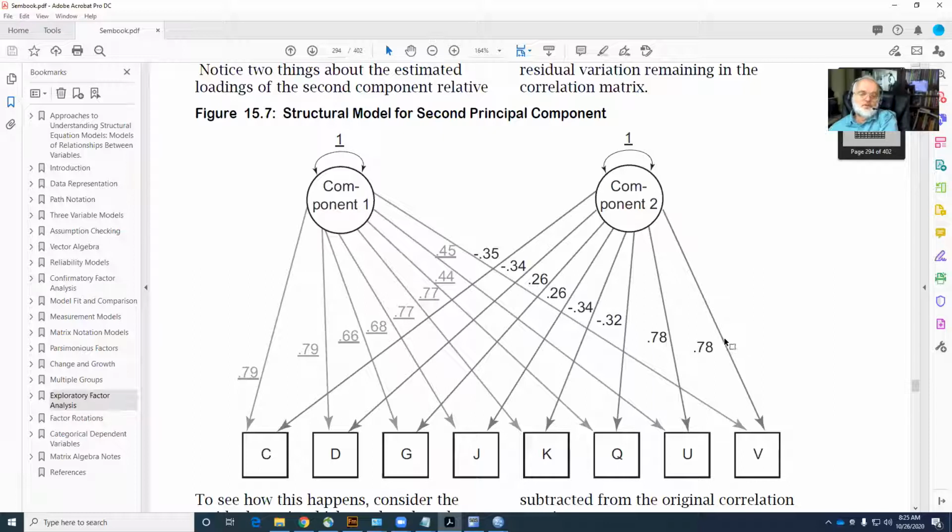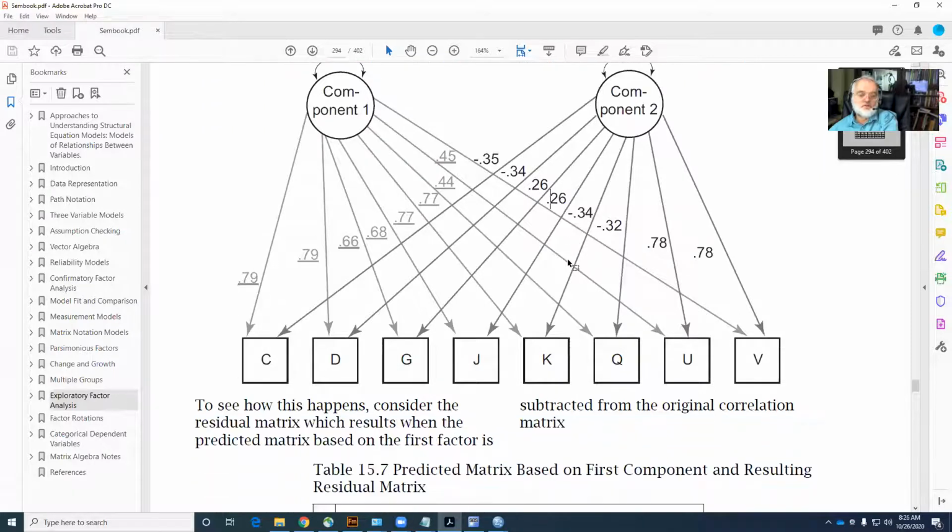And this is why you're seeing that some of these loadings are negative and some of these loadings are positive. And that's the way it has to be, because in this step one, we fit the correlation matrix as well as we could. So this is essentially factoring the residual correlation matrix left over.